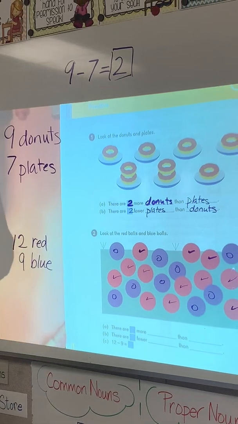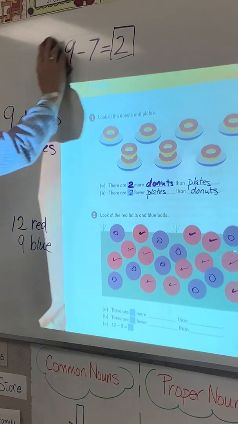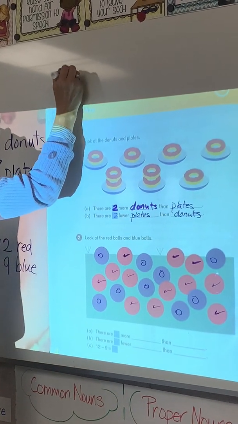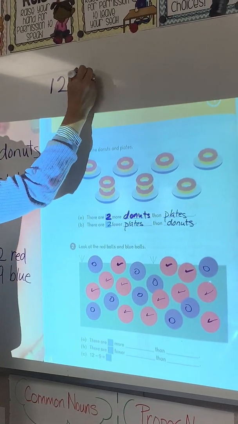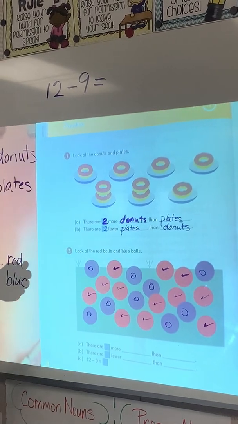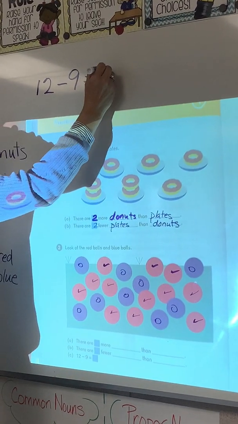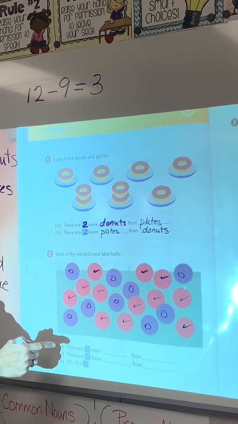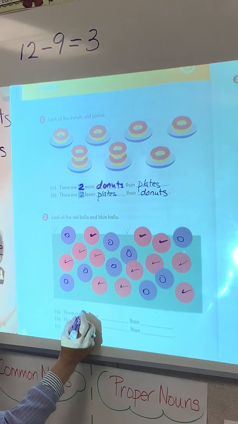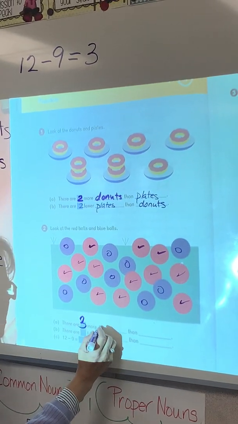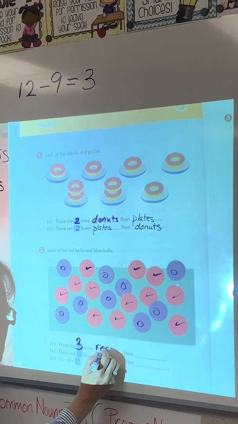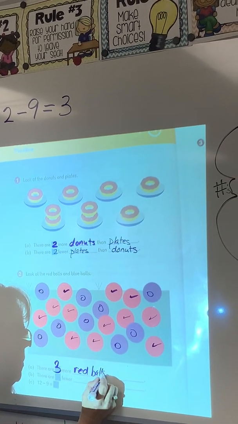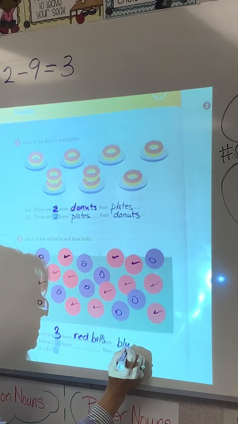So we need to do another equation. We're going to take our red balls minus our blue balls, and that's going to be the difference. We know that right off the bat is 3. So there are 3 more red balls than blue balls.